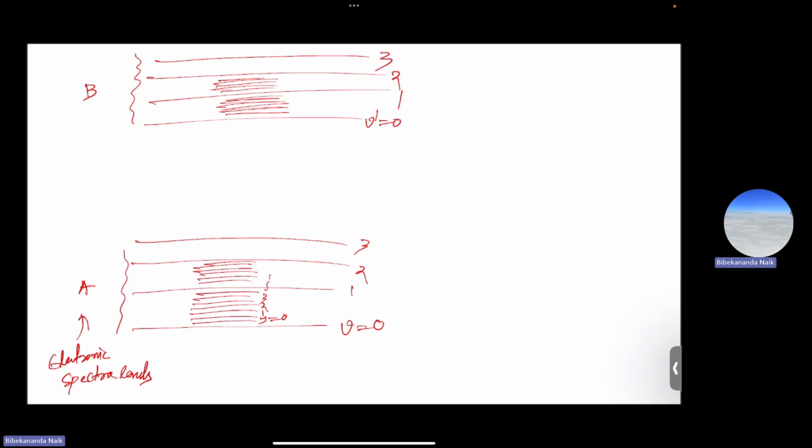So if you talk about the transitions and the spectra coming out of the transitions, in an electronic transition, there is a transition from one electronic level to another electronic level, which gives rise to electronic spectra.